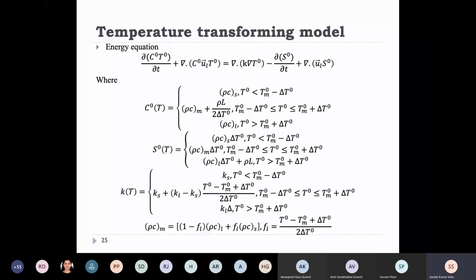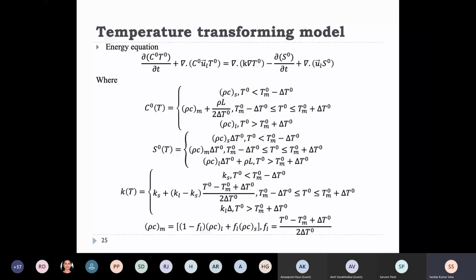In order to get rid of that, instead of C(T), they define C prime in this fashion, which is more or less in the form of the apparent heat capacity method. But here they also set the thermal conductivity in this form, which is not there in the apparent heat capacity method. In this way, they developed the temperature transforming model.